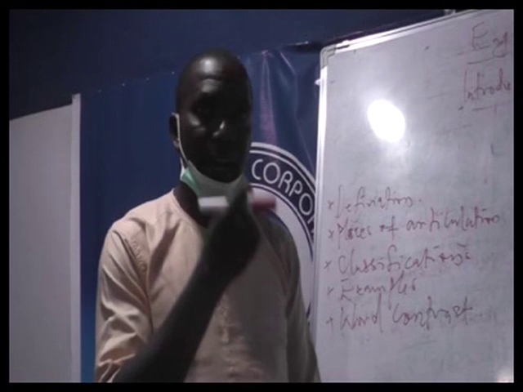And we have discussed the classifications: plosive or stop, affricate, nasal, liquid, and glide. We are also giving examples and the word contrast. And I believe with this, we have come to the end of today's lesson.